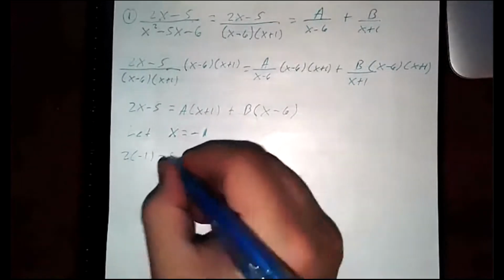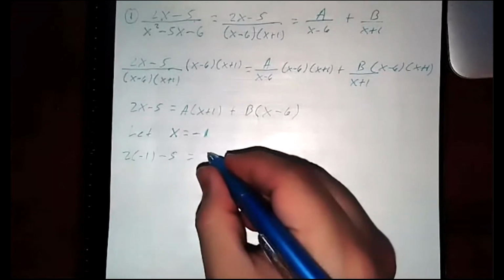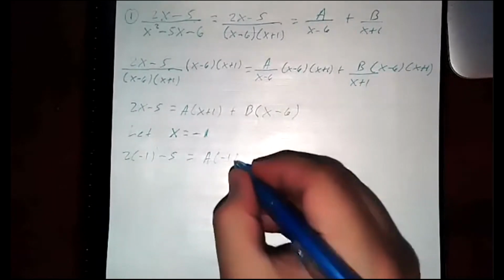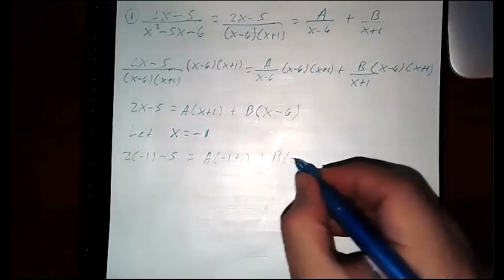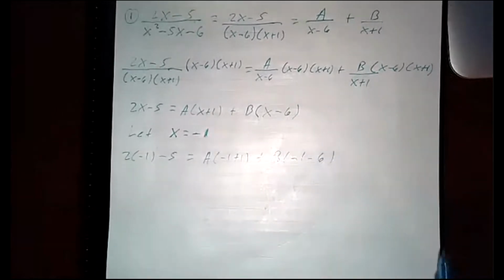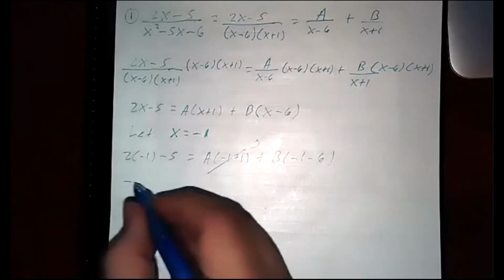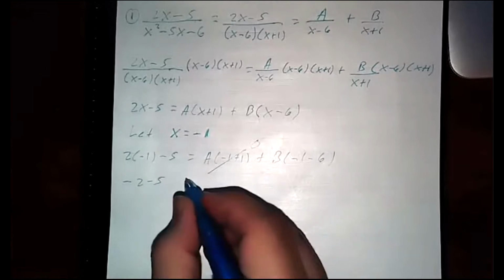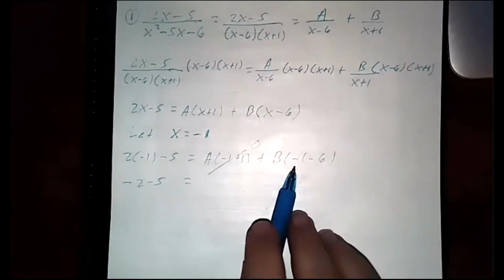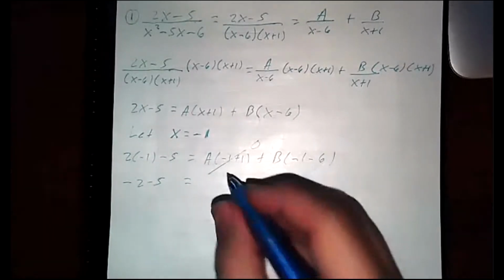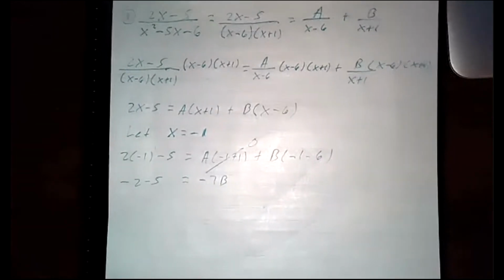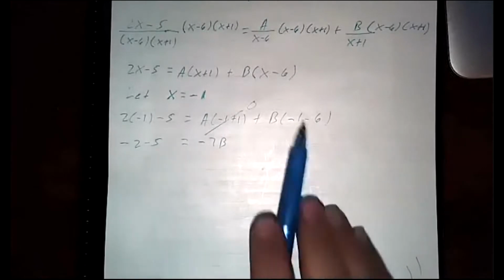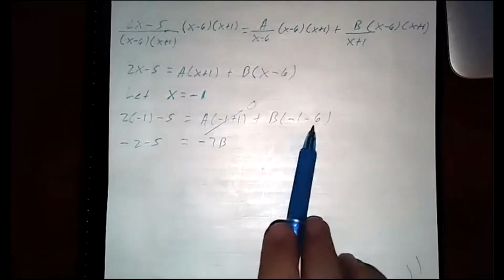Negative 1 minus 5 equals A times negative 1 plus 1, which will zero this out, plus B times negative 1 minus 6. So this guy is gone, leaving me with a negative 2 minus 5 equal to negative 1 minus 6 is negative 7 times the B, right? This right here would be negative 7B.